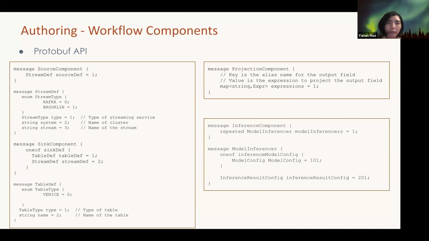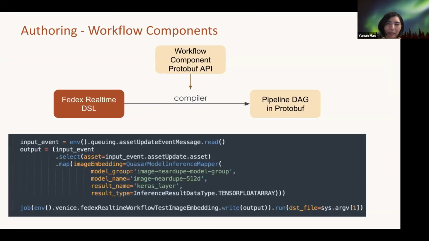So with the protobuf API, we can have the users construct a pipeline as a protobuf DAG without having to bind to any platform binaries. I will explain further what that means. Here is the example that David just showed.